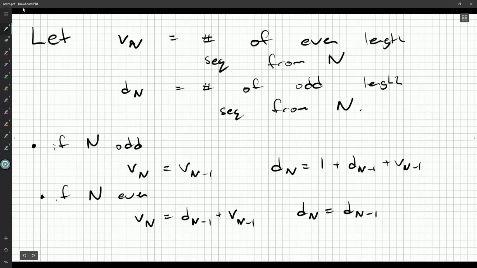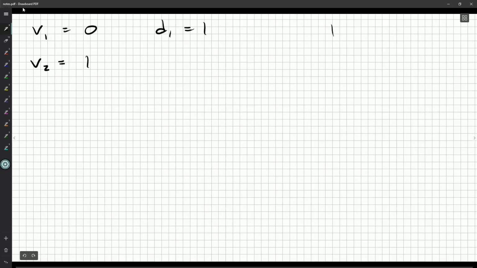So I'm going to say there are 0 length 1 even sequences. And if I just have the sequence of length 1, then there's 1 odd length 1 sequence. And then V2 should be add up the previous 2, and D2 should just be copy the previous one.